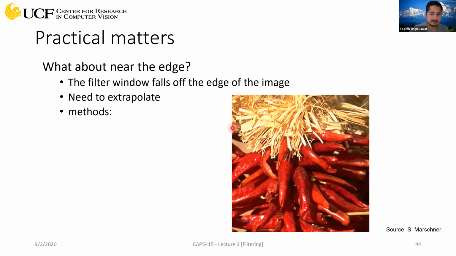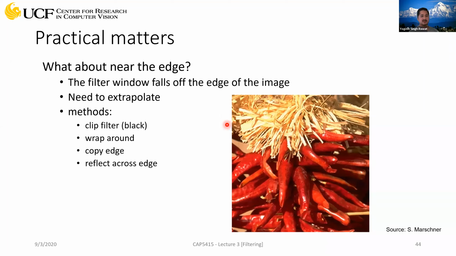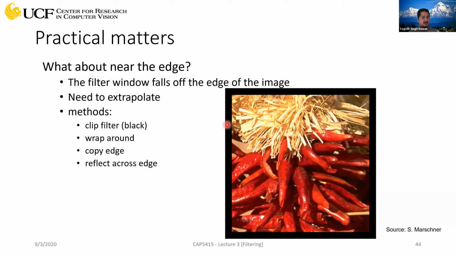So whatever value you have in the borders, just carry that over and extend the columns and rows in the image. And there are some others: you can clip it, just put it like black. You can wrap around, which is just copying the edge, or you can do reflection. And for most of the cases, it doesn't matter. But still, let's try to understand how using these different techniques will change the results.